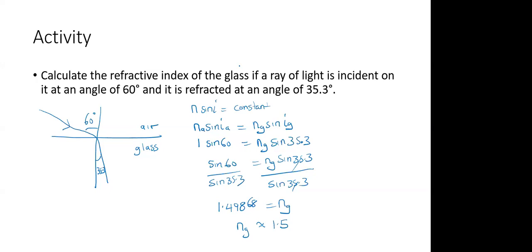No, light can travel both ways. It is okay, but here, since they told us it is incident onto the glass material, that's why we started with air to glass. But it can as well be light moving from glass to air.